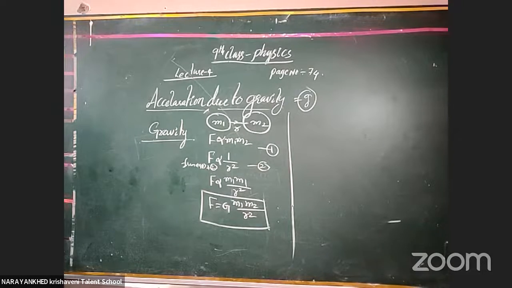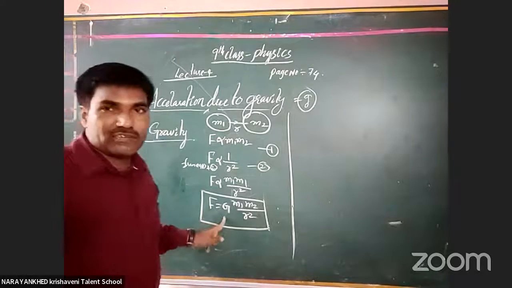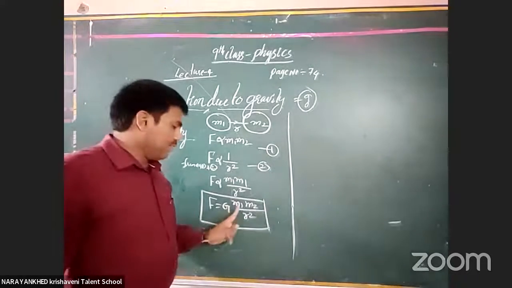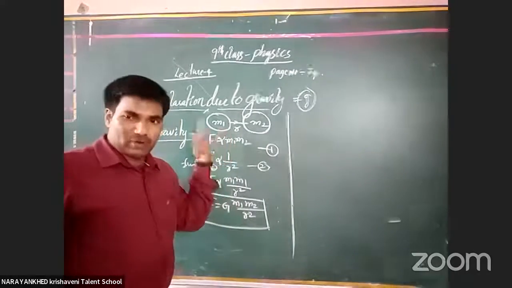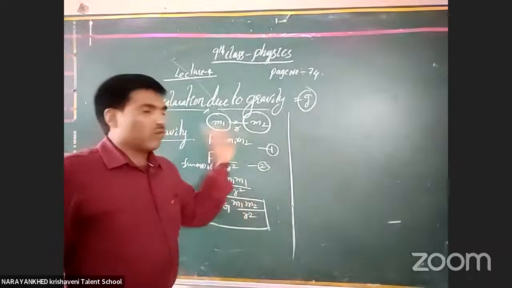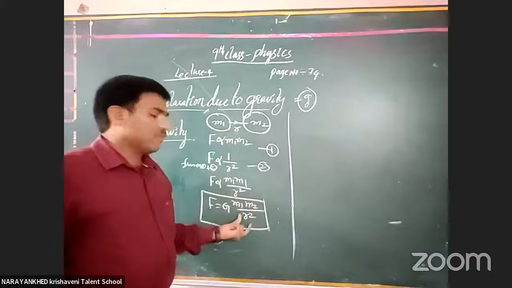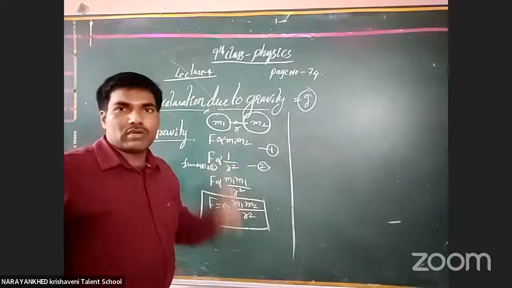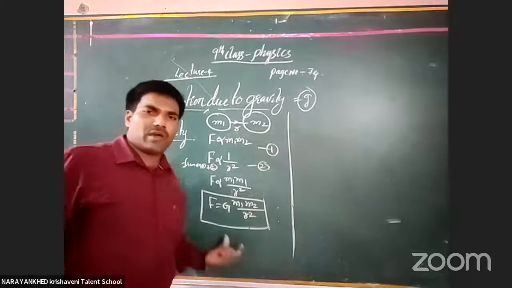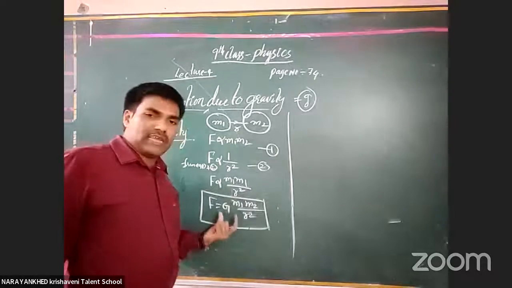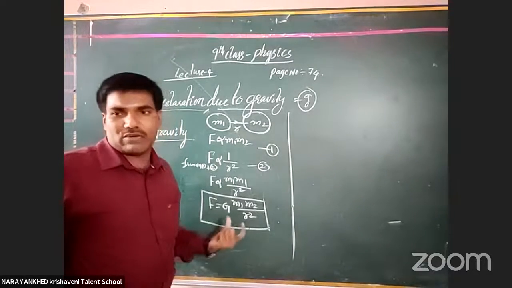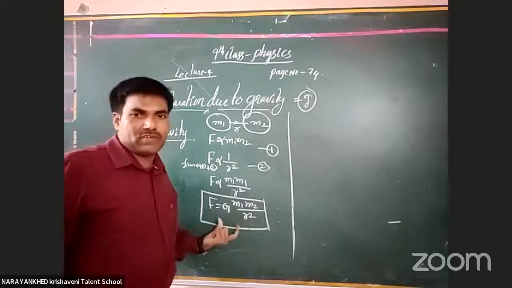Here G is called the universal gravitational constant. M1 is any body, m2 is any other body, and the distance between one body and the other is r. You will get this information clearly again in the gravitation lesson.